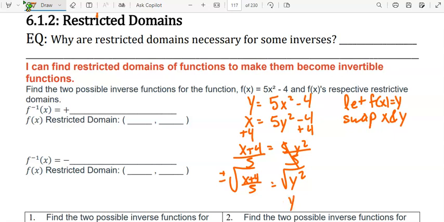So then we have y equals plus or minus the square root of x plus 4 over 5.